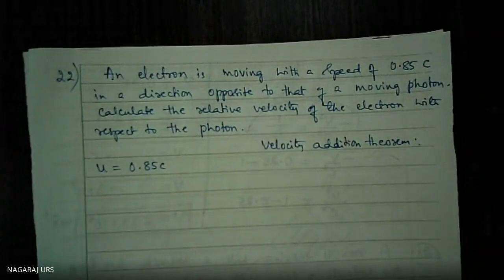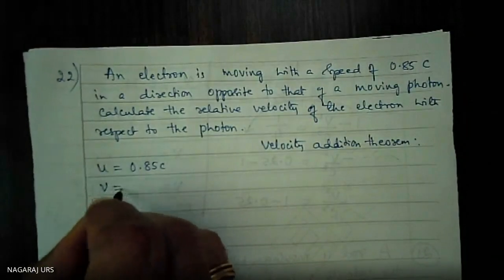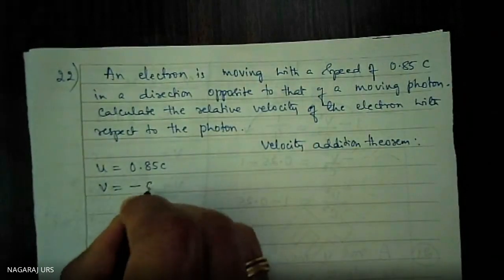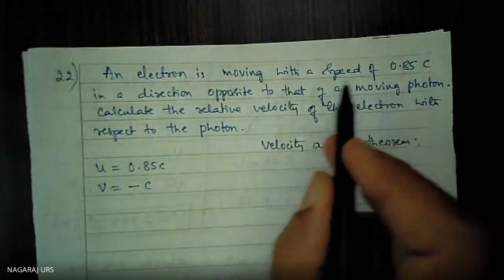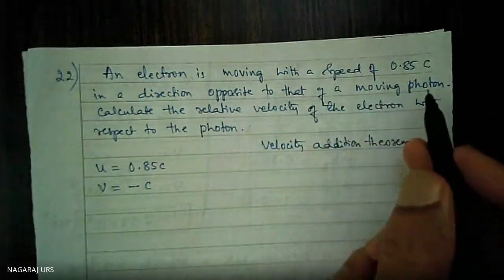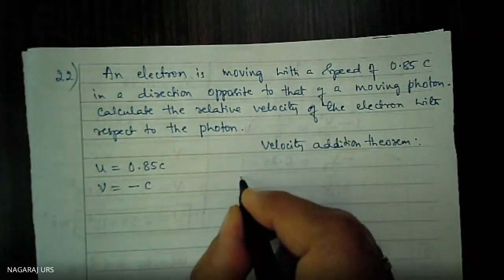In a direction opposite to that, it is moving. Okay. v is equal to minus c, opposite to that of a moving photon. I hope you have understood that.